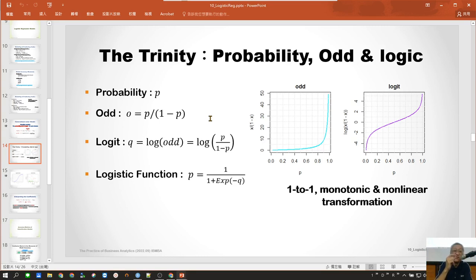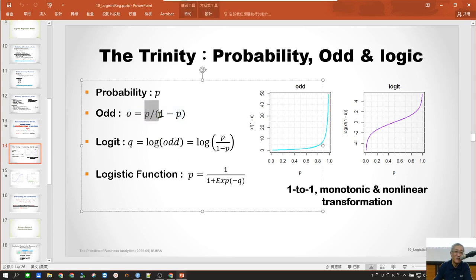If I bet that Argentina would beat Saudi Arabia, the odd will be just a little, because the probability is big. So odd is just another way to express probability.